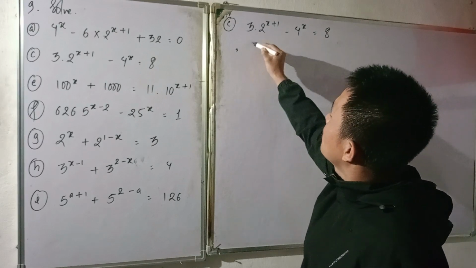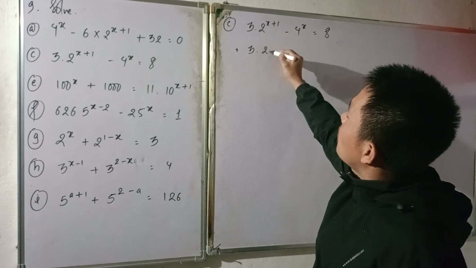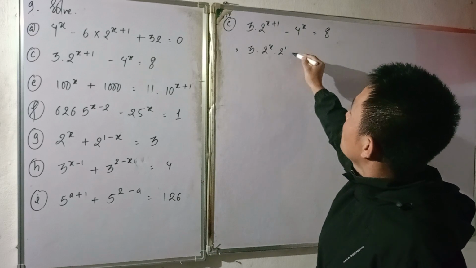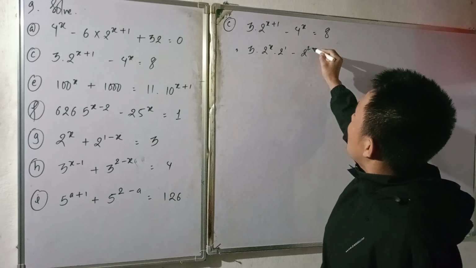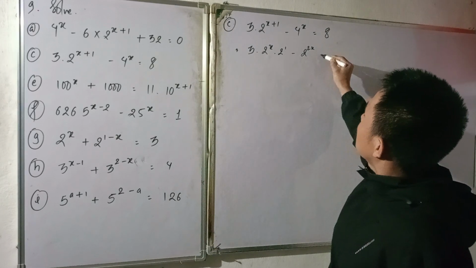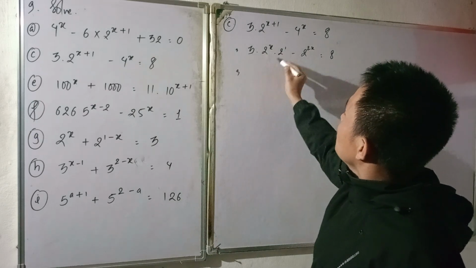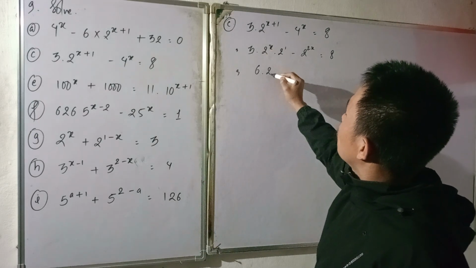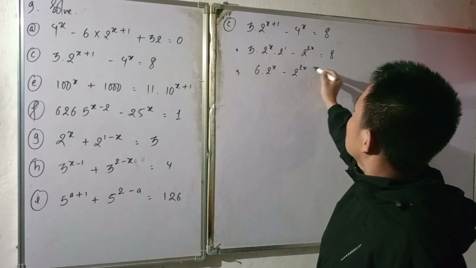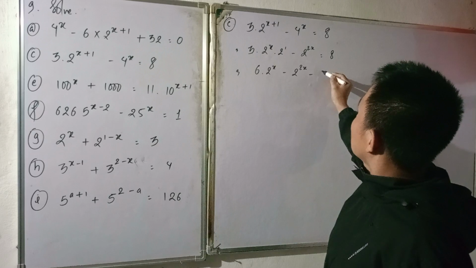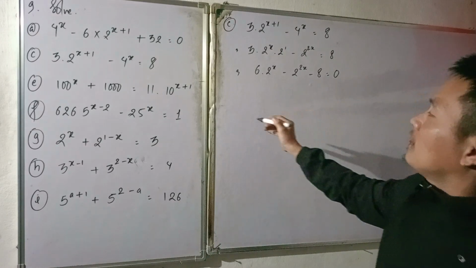So 2 power x plus 1 can be written as 2 power x times 2 power 1, 4 power x can be written as 2 squared power x, and then the 8. Now bring this 8 to the left hand side, so it becomes minus 8 equals to 0.